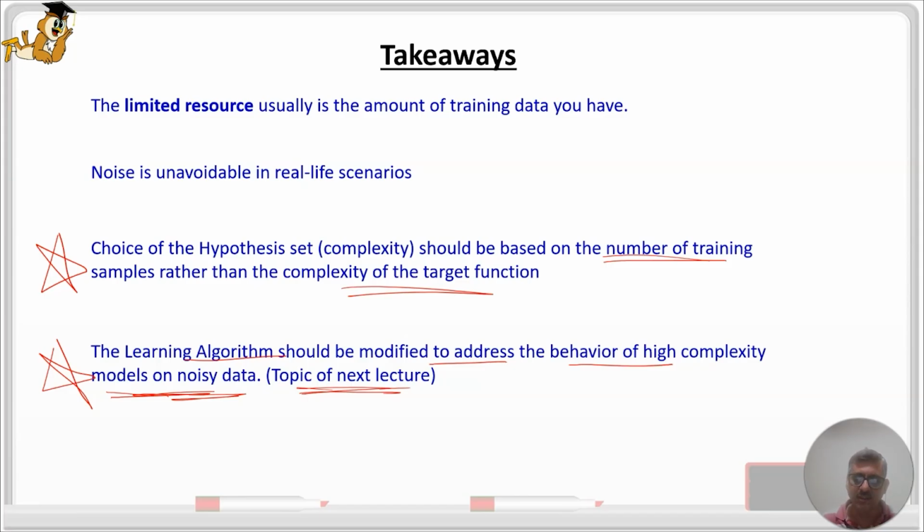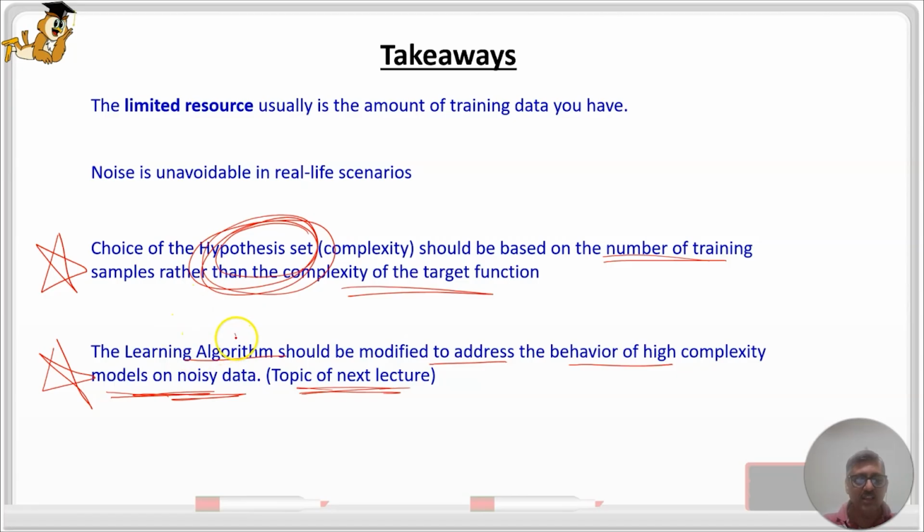And this goes back to the motivation. You remember, in the second or third slide, I said that the key motivation for studying the bias variance theory was that it will allow us to understand how those blocks deal with each other. Remember that? That's exactly what I'm talking about. Now you are saying that your hypothesis set, instead of looking at the target function, should start looking at the number of training samples you have.